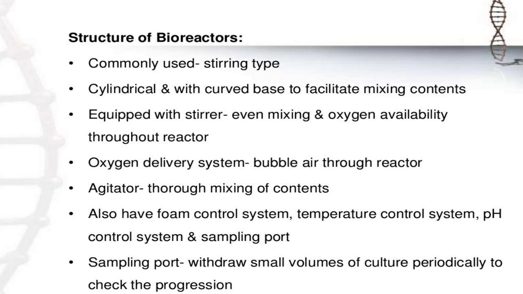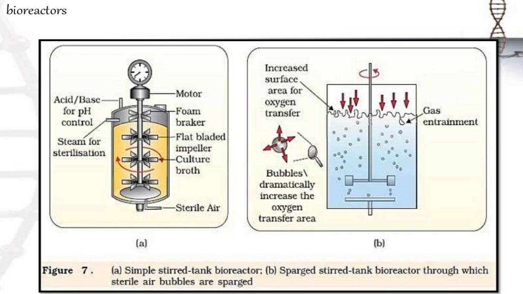The sampling port withdraws a small volume of culture periodically to check the progression. See the picture of that bioreactor: a simple stirred tank reactor and a sparged stirred tank bioreactor through which sterile air bubbles are sparged.